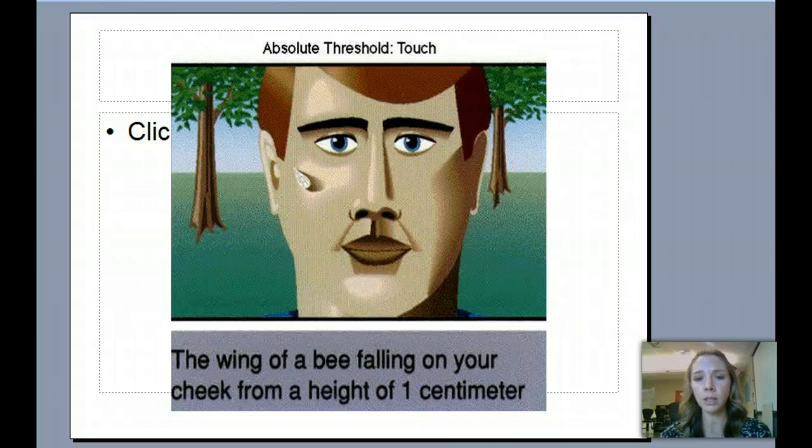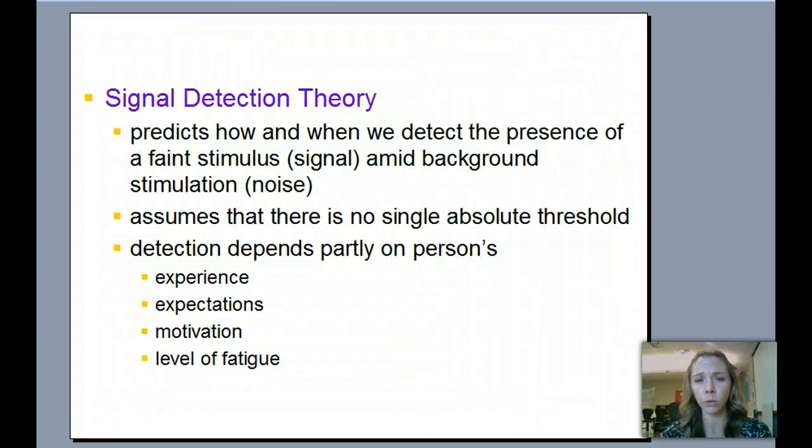Now, there are some things that affect these absolute thresholds, and this is called the signal detection theory, and this is where we'll end today. But the signal detection theory is really talking about situations in which you are more in tune or more likely to hear, to see, to smell, or to sense something. Okay, so it predicts how and when we're going to detect the presence of a stimulus amid background stimulation.